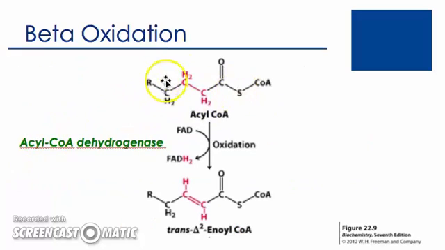Here we have a diagram of the molecules undergoing this reaction, and you can see further the removal of the hydrogens and the formation of the double bond. You can see here that the hydrogens that are attached to the carbon 2 and the carbon 3 molecule are removed and joined with FAD to form FADH2, and then we have the formation of the double bond.